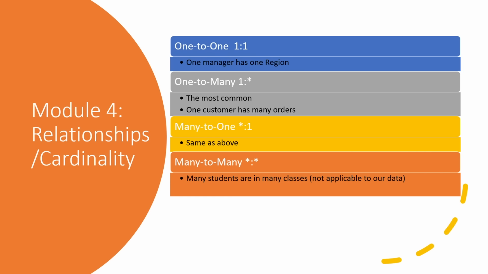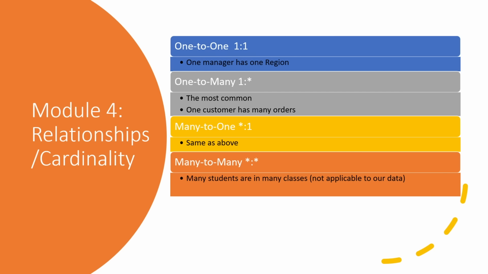The one-to-many relationship is the most common. It's represented by 1:*. An example would be one customer has many orders, 2 separate tables. The many-to-one relationship is the same as one-to-many, it's just in the opposite direction, and it's represented as *:1.